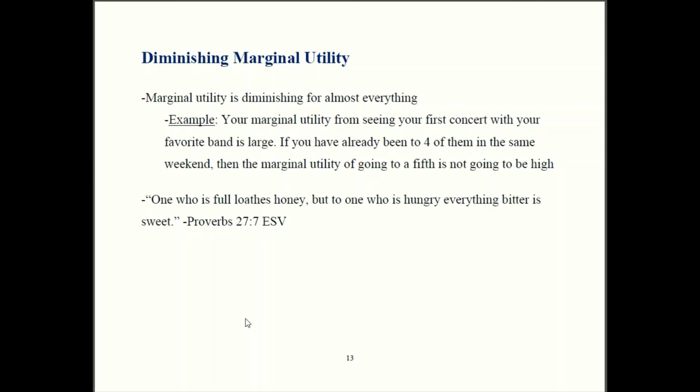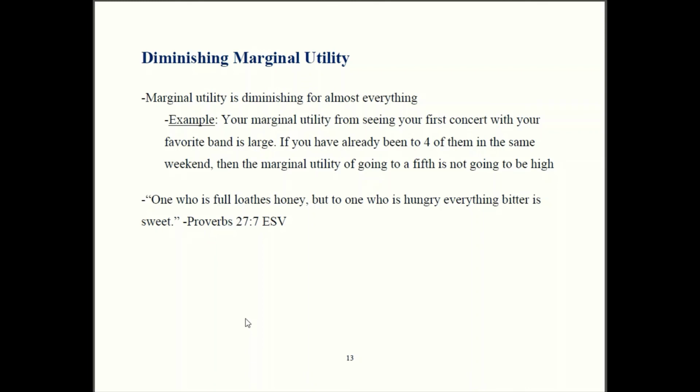This idea of diminishing marginal utility has some very ancient roots. Way back in the book of Proverbs, it says, "One who is full loathes honey, but to one who is hungry, everything bitter is sweet." So if you've already eaten a lot of honey, then the marginal utility of having even more honey is not that big.